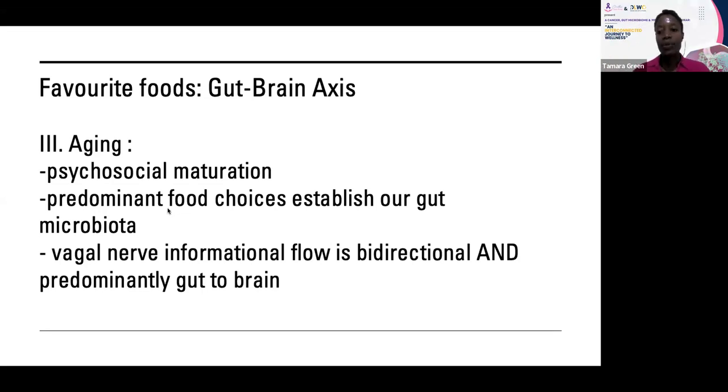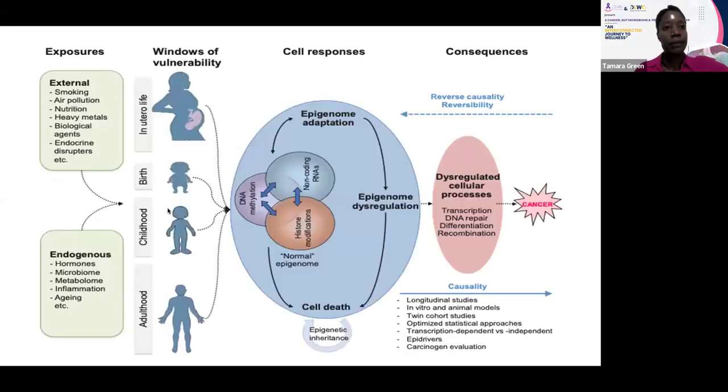And so we see as we age, the informational flow is still bidirectional, but it starts to become predominantly gut to brain. So instead of the larger flow being brain to gut, it becomes gut to brain. So there's greater communication, greater flow of information from the gut.